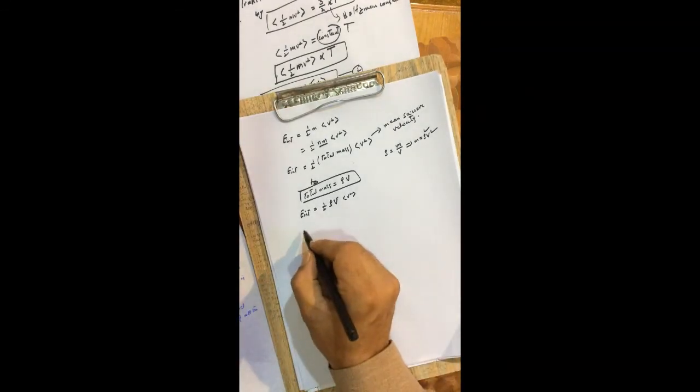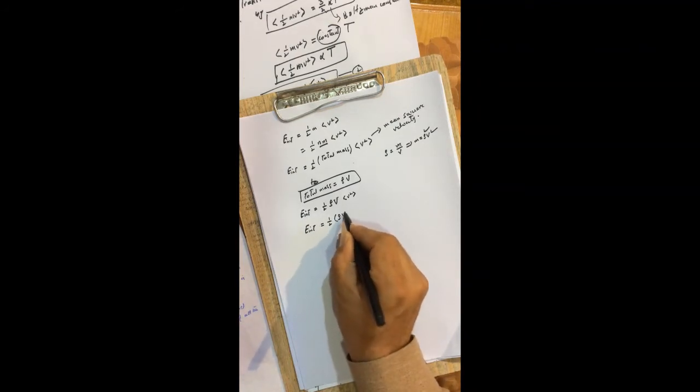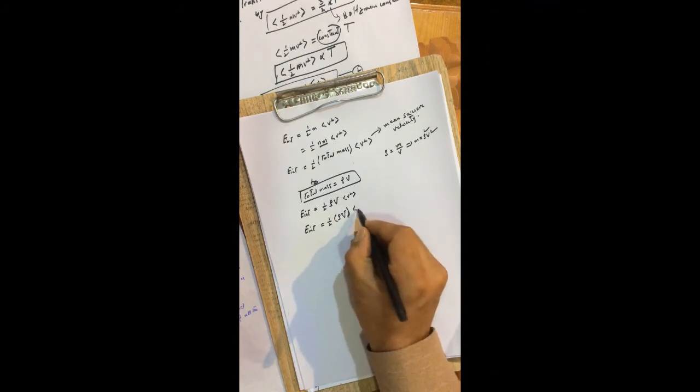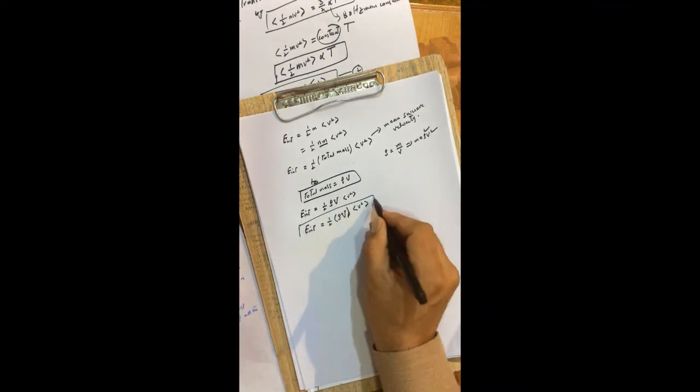I can write this as E internal, or the internal energy, equal to 1 over 2 rho into V times v square, where capital V represents the volume and small v represents the velocity. Let's say this is my equation number 4.